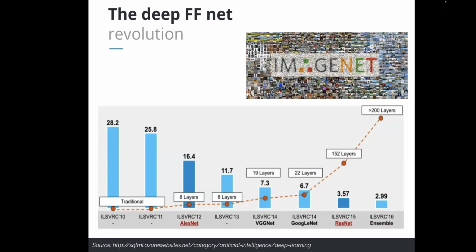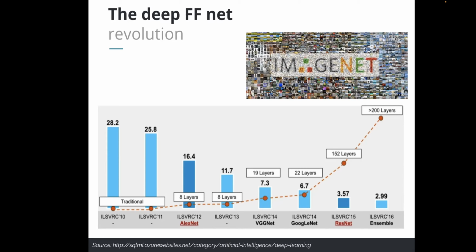Now, if we look at one of the main ingredients that has accounted for this progress in the field, what I'm showing here is a plot where the height of the bars corresponds to error rates. This is for a main computer vision challenge, which involved a data set called ImageNet. I'm sure most of the people here have heard about it.